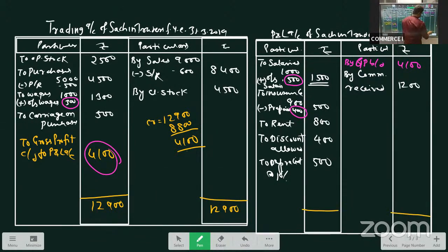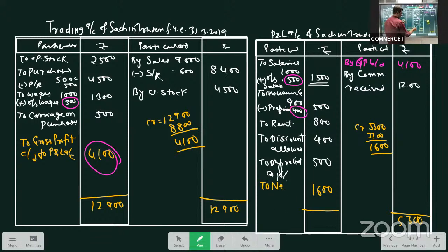What is the total? 5,300. See the total on the credit side, it is 5,300. And what is the total on the debit side? 3,700. So we are getting 1,600 as the difference, which is our net profit.